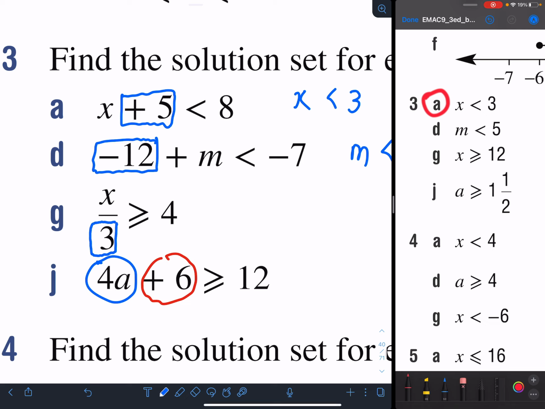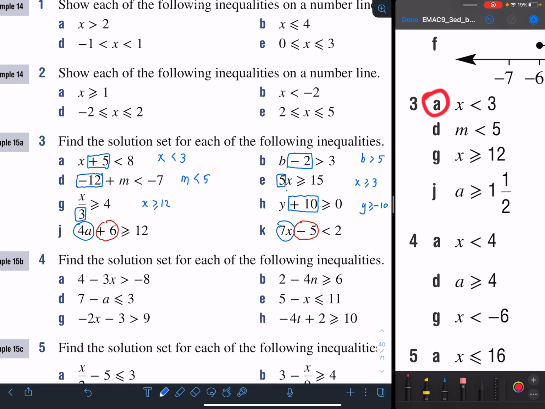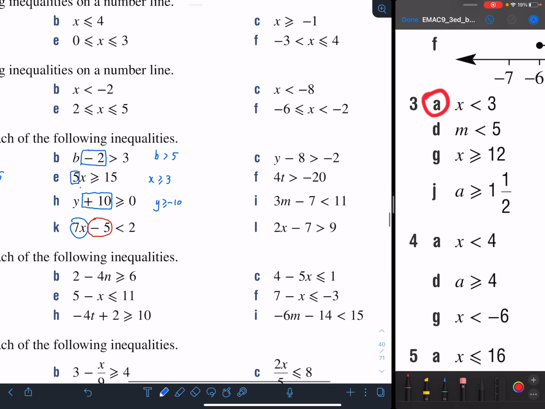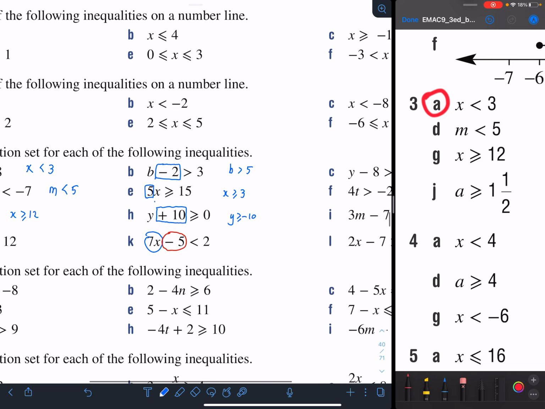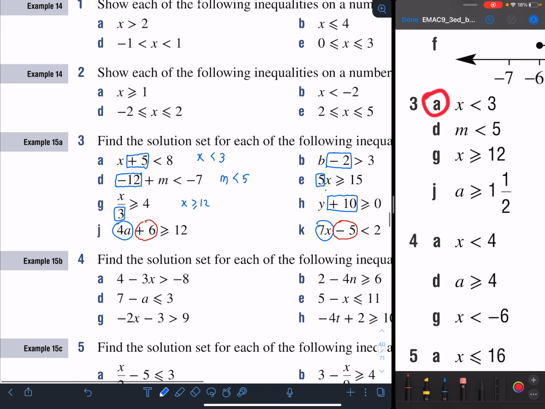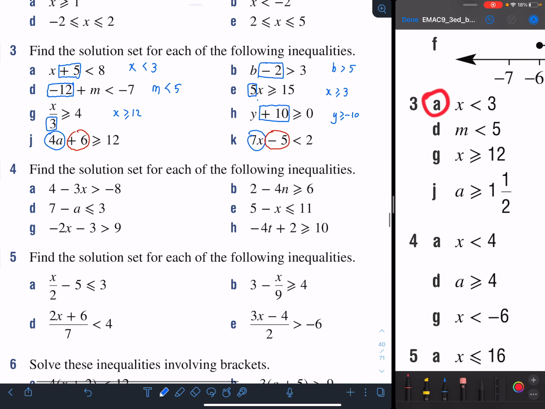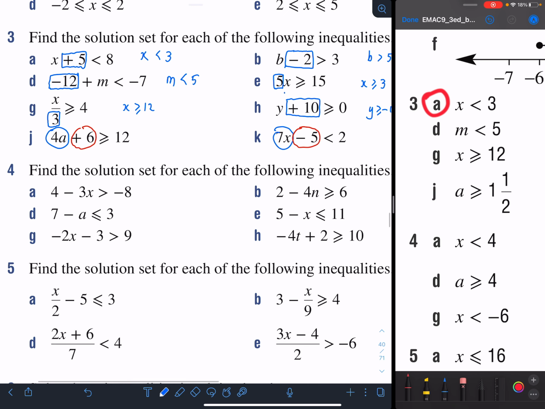So we're going to times both sides of our inequality by 3. 4 times 3 is 12, so x is greater than or equal to 12. Excellent. Now let's do our last two, which are J and K.